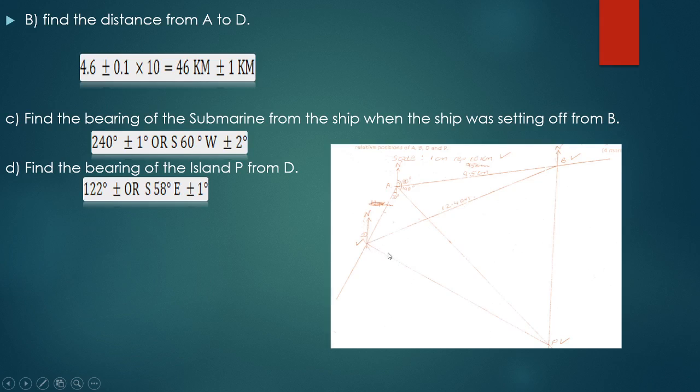When you are not told either true or compass bearing, it's good to give both. So it is 122 degrees, or, since 180 minus 122 gives 58, this angle is from the south, 58 degrees towards the east. So it is either 122 degrees or south 58 degrees east. That is the bearing of P from D.